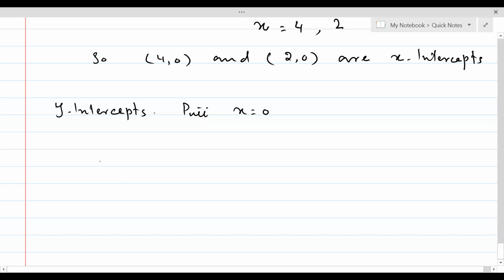If x is equal to 0, then minus 2 times (0 minus 3) whole square plus 2 is equal to f of x.